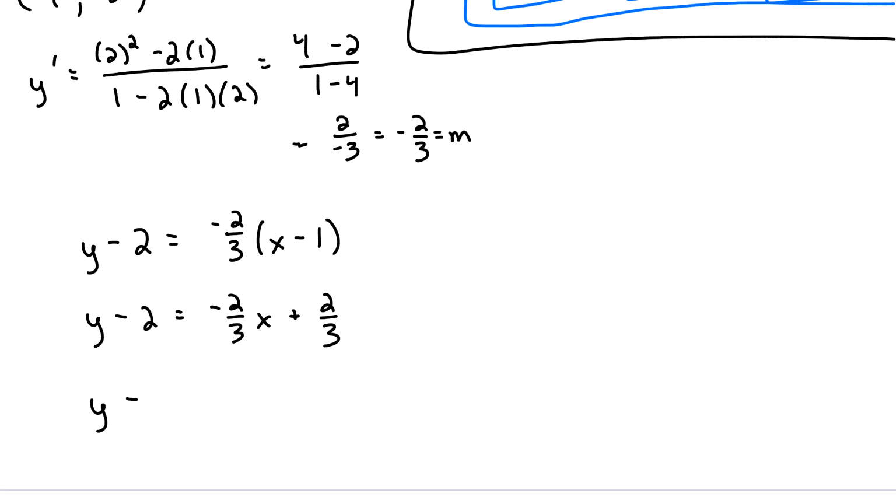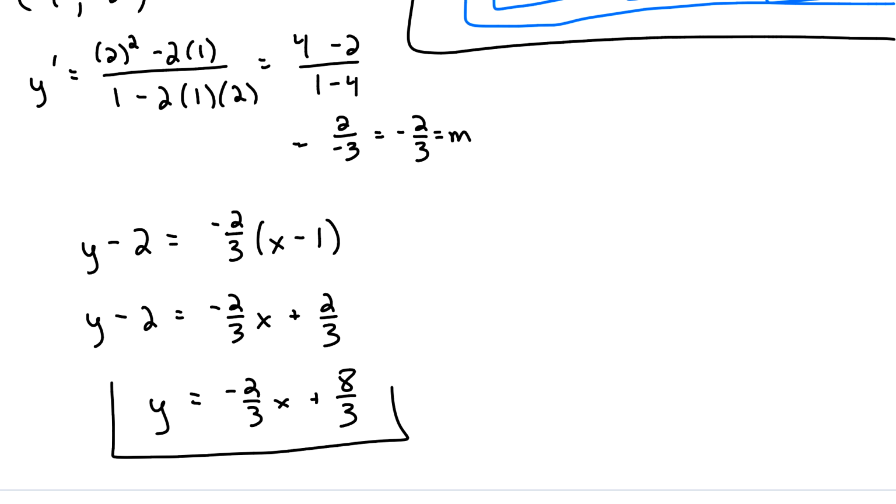So y minus 2 equals negative 2/3 x plus, that would be 6 over 3, so 6 plus 2 would give me 8 over 3. And actually, whoops, I forgot to add 2 on that left-hand side. It should just be y equals there. So I've got y equals negative 2 over 3x plus 8 over 3 for my first tangent line.